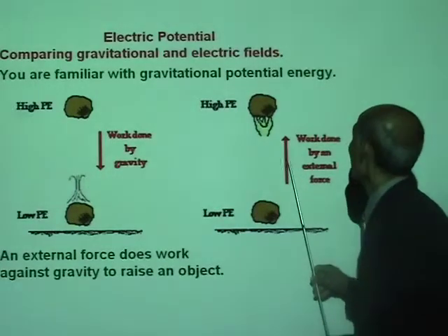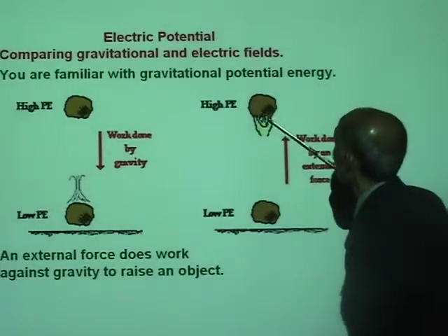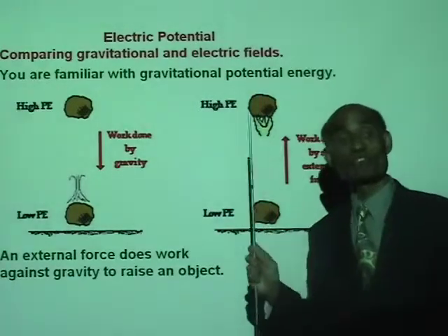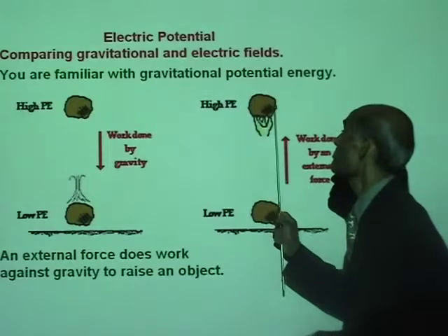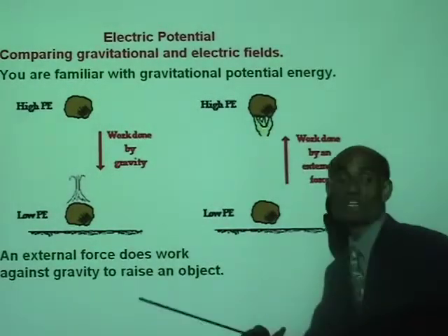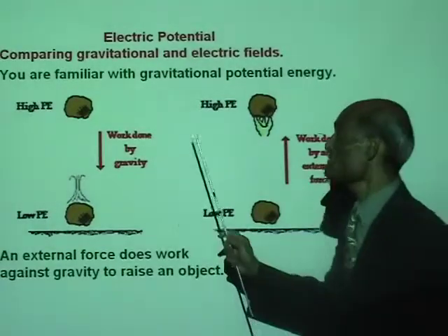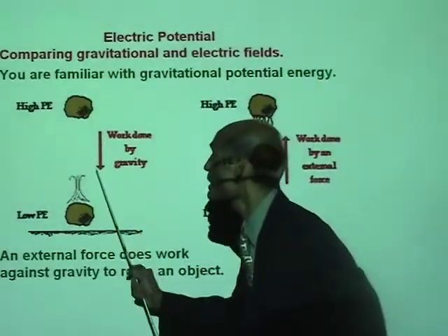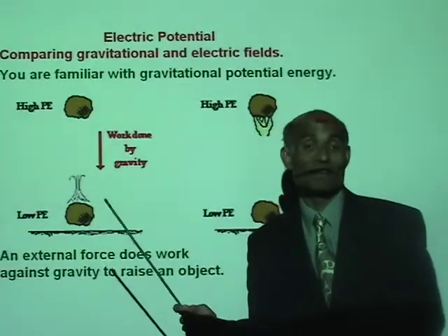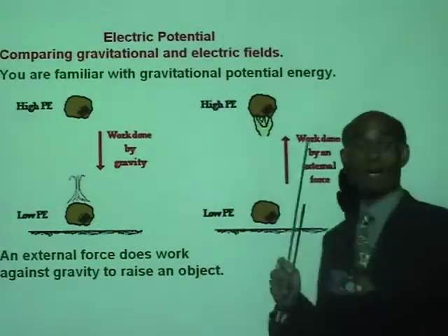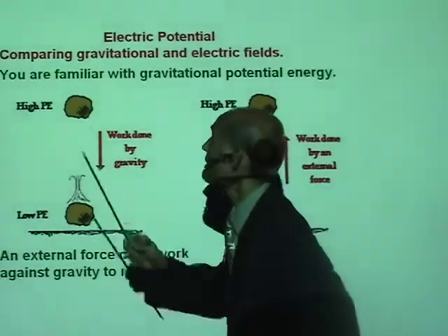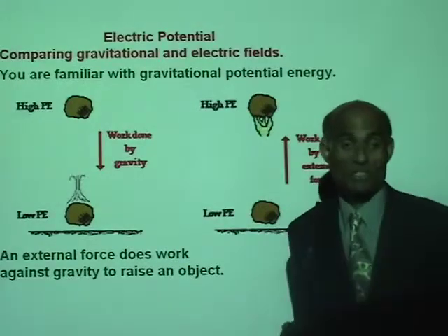That means the work done by the external force gives this object a certain amount of potential energy. So we can say the potential energy of this object is a measure of the work done by the external force. At the same time, gravity is pulling it down. So gravity does an amount of work which is the same as the amount of work I did, but opposite. The work done by gravity is negative.